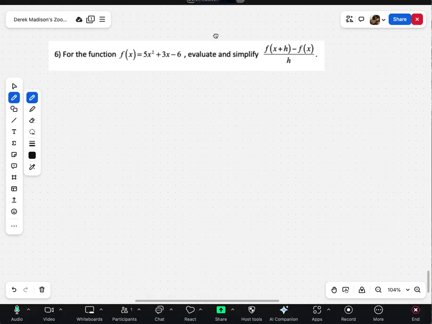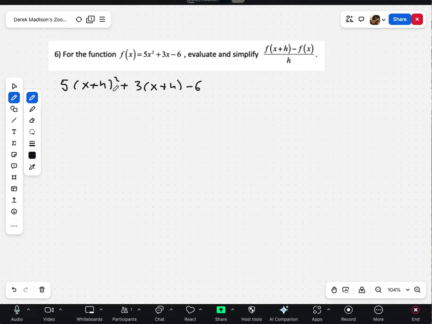So for this next one, it's a little more involved because it has that squared. So f of x plus h is going to look like 5 times (x plus h) squared plus 3 times (x plus h) minus 6.